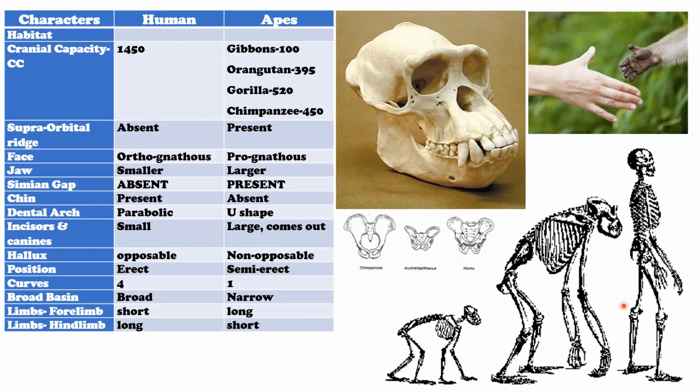Then one more feature is that the forelimbs of humans are shorter as compared to hind limbs, and it is opposite in apes. In apes, you can see the forelimbs are longer as compared to hind limbs. And one more thing is that humans have a perfectly erect position, whereas it is curved in apes, and locomotion is bipedal in humans, whereas it is to some extent quadrupedal in apes.